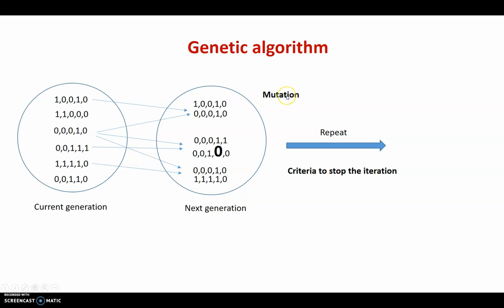But then there is a mutation that could work as follows. We select randomly one of the elements in the next generation, only one, and then we select one bit of the chromosome. In this case, this bit, and then we change the bit. If it was a 0, then we put a 1. And if it was a 1, then we put a 0. This is the mutation.